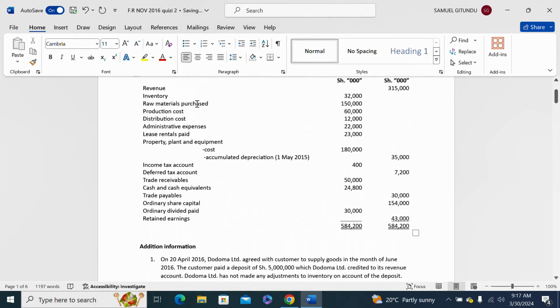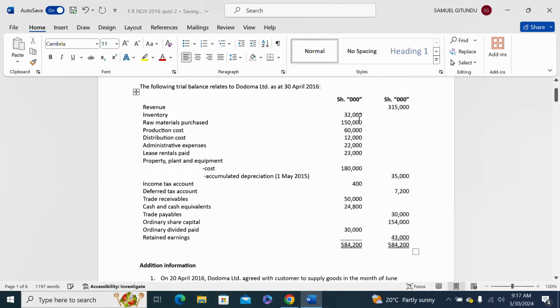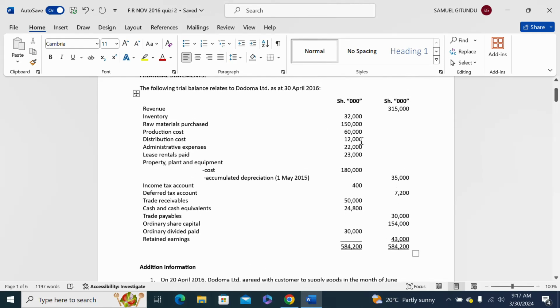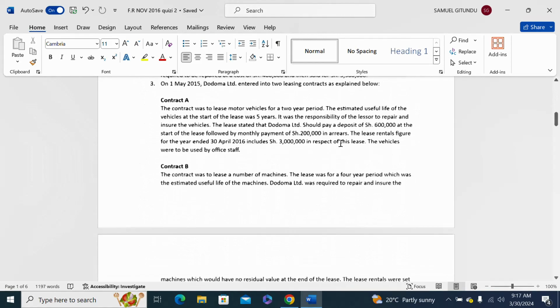Then the raw material purchased is 150 million. The production cost is 60 million. So all of those are components of the cost of sale.